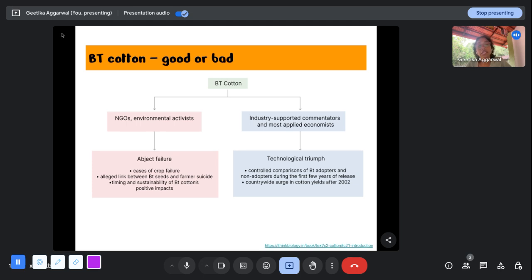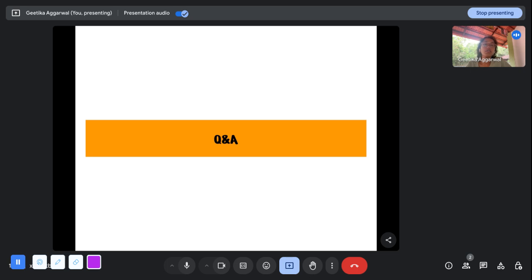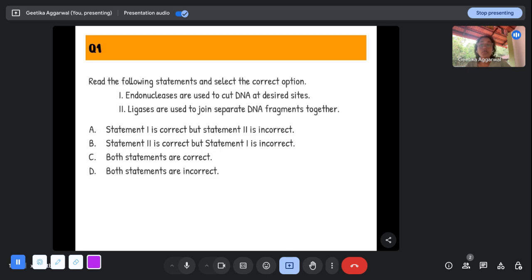And now we have a small Q&A session, which will have 15 MCQ questions, which will test your understanding of what happened during the week, and which will help you during your exams. So the first question is: let's read the following statements and select which option is correct. First statement says, endonucleases are used to cut DNA at desired sites.